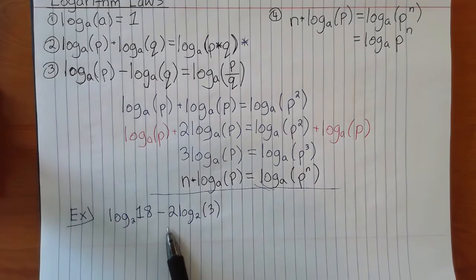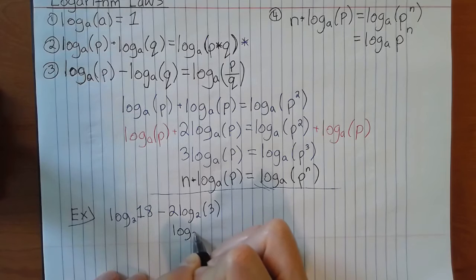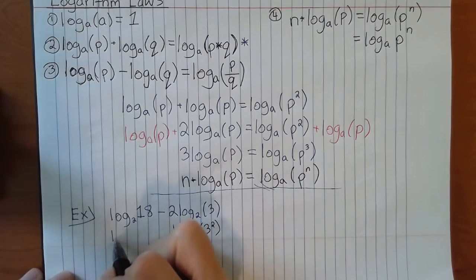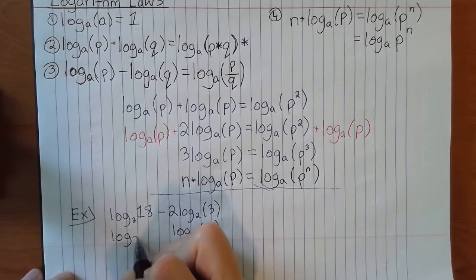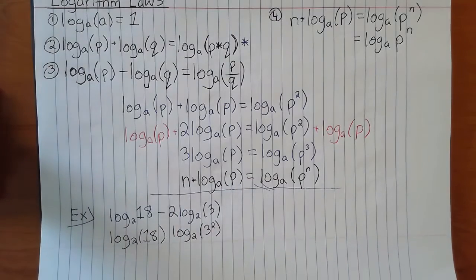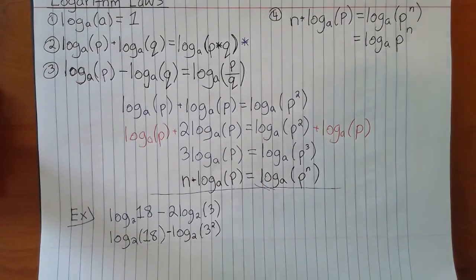So that's what's happening here with the 2. So we can rewrite the second logarithm as log base 2 of 3 squared. And the first one does not change at all. It is still log base 2 of 18. And we're still subtracting these two logarithms.